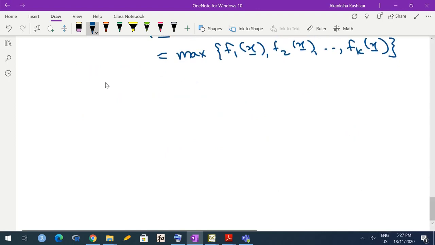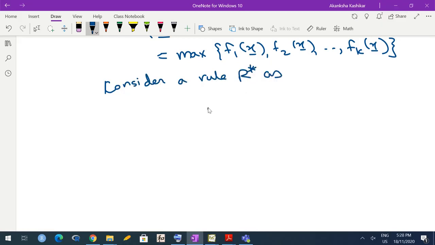And now consider a rule R star, which we are writing as R1 star, R2 star up to Rk star. How do I define Ri star?